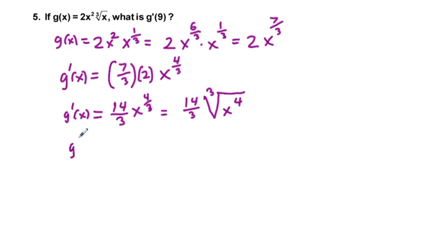So g prime of 9 is equal to 14/3. And we could figure out 9 to the 4th power. That would be quite large.